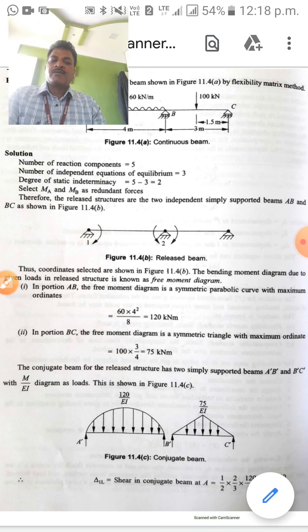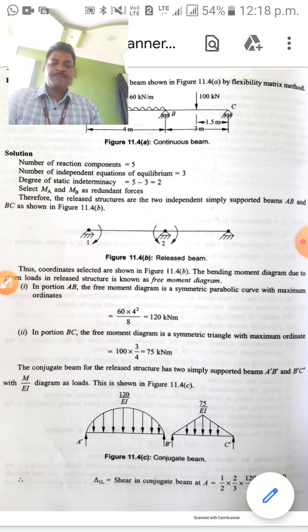Thus, with the coordinates selected as shown in figure 2, the bending moment diagram due to the given loading on the released structure is known as the free moment diagram. The bending moment for span AB is equal to WL squared upon 8, that is 60 into 4 squared upon 8, equal to 120.